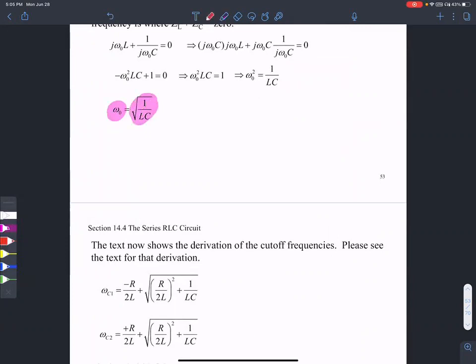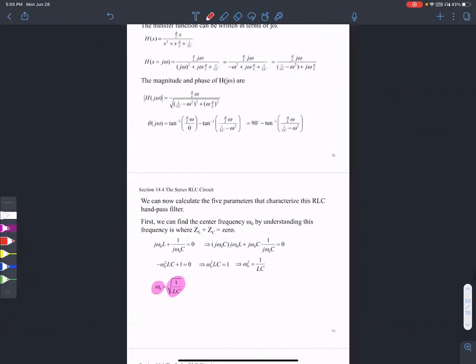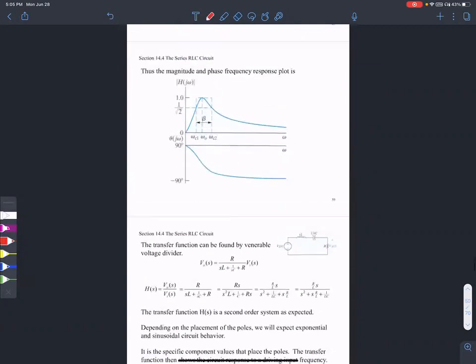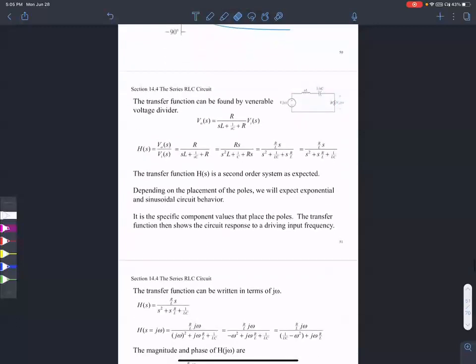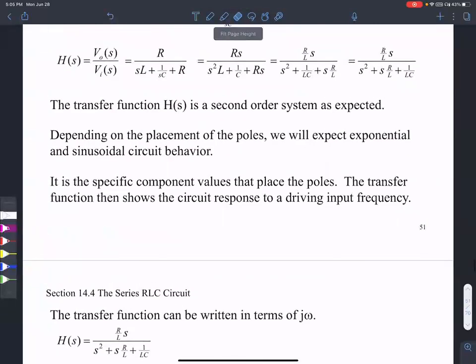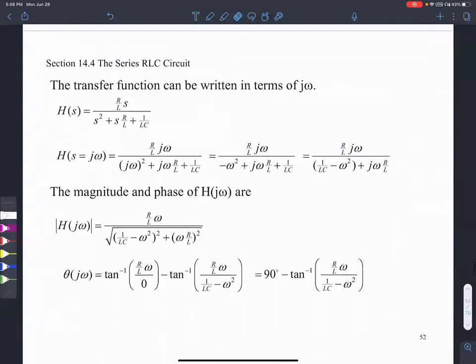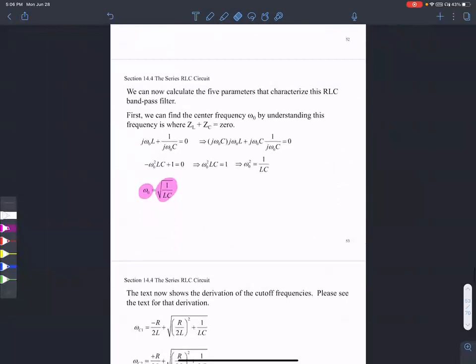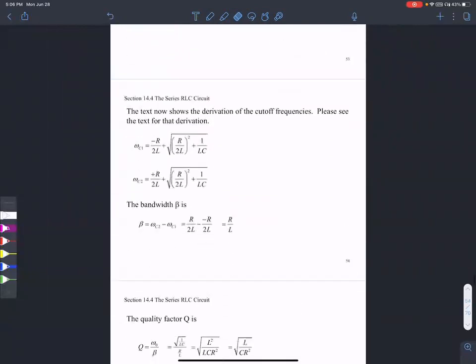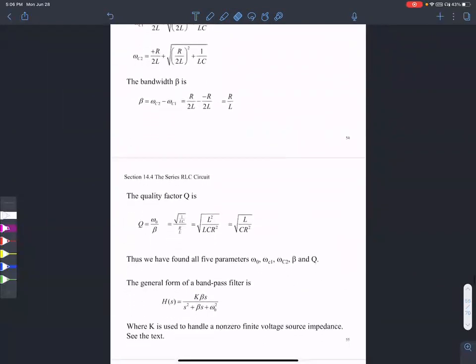Well, 1 over the square root of LC. This is called a second order filter, because if you do the math for the series RLC circuit, you'll see that the denominator is a polynomial of second degree in S. So it has a very specific transfer function. Go through that, and pay attention to the definition of bandwidth, which is omega C2 minus omega C1.